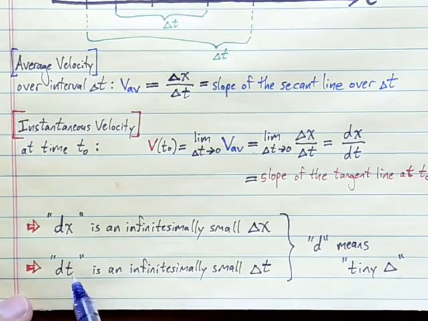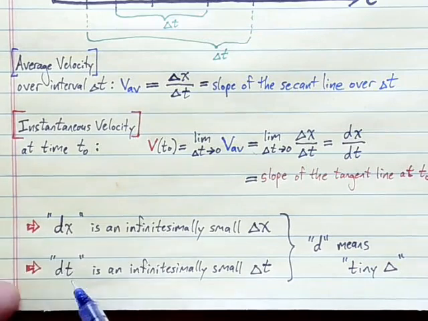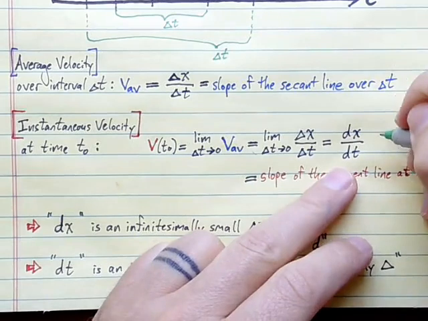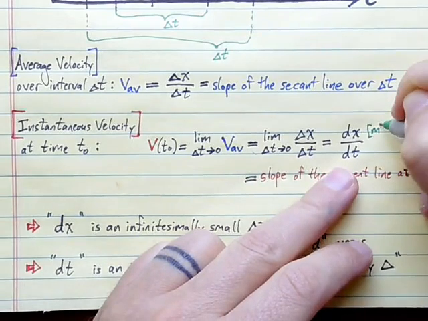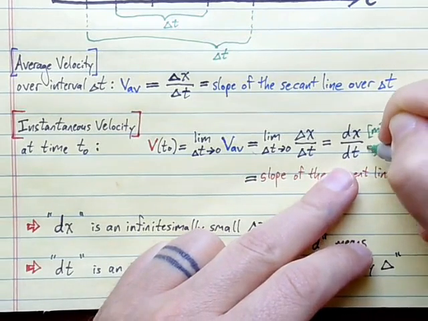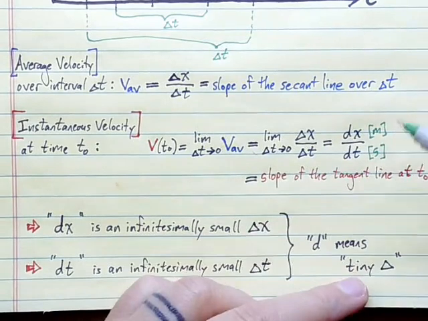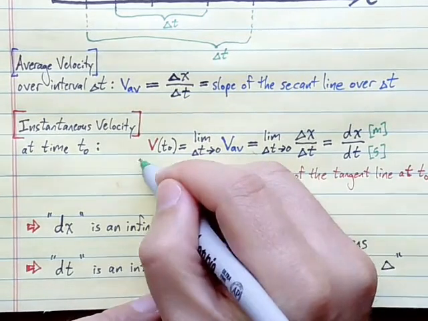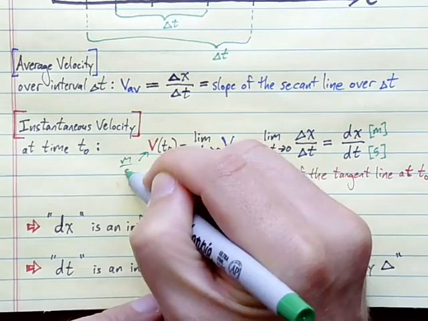This just means a very short time interval, so it also has units. So dx has units of meters, dt has units of seconds, so what we call the derivative here of x with respect to t has units of meters per second, and that's our units for velocity right there.